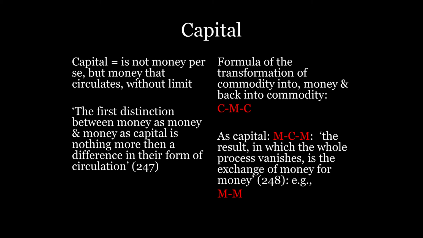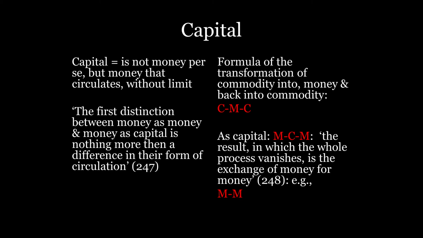You invest money into this commodity and you get a commodity back. And so money is withdrawn from this process of the market sphere because you end up getting another commodity. So this circulation of money ends there. It ends with the commodity, with the use value of the commodity.